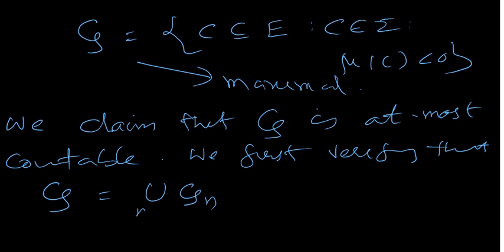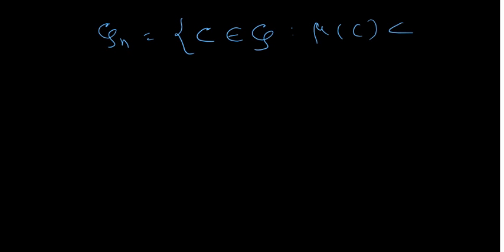It is the union of C_n, where n runs from 1 to infinity, where this C_n is equal to the members C of cursive C such that mu of C is negative, but here it depends on n, it's less than minus 1 by n. So each C_n is a collection of sets itself. So how to verify this?